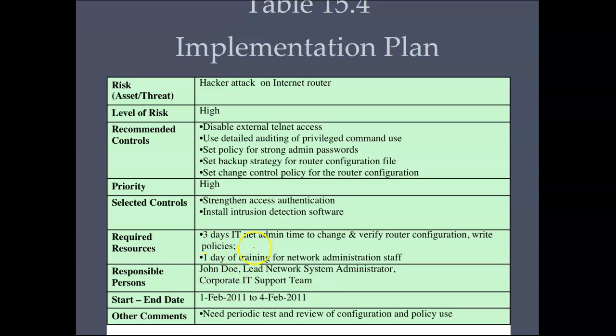We also need 1 day to train the administration staff. Responsible people, which people are to be involved, and we list their names. We give them start and end dates, like for example 3 days here.